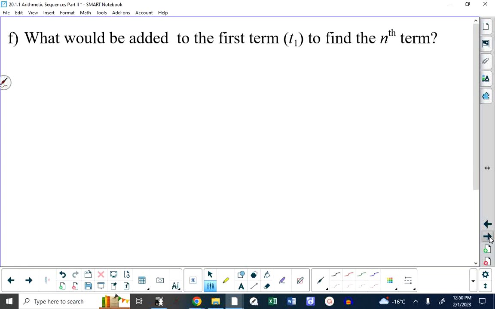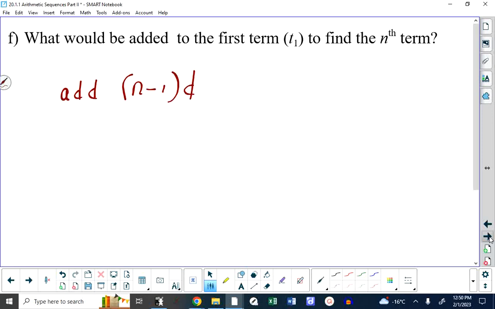You're adding one fewer common differences than the number whose term you're trying to find. So you would add n minus 1 common differences. And we don't know what the nth term is, so I can't say whether we're adding 6 or 12 or 18 or 24. It's the nth term. It's any term.